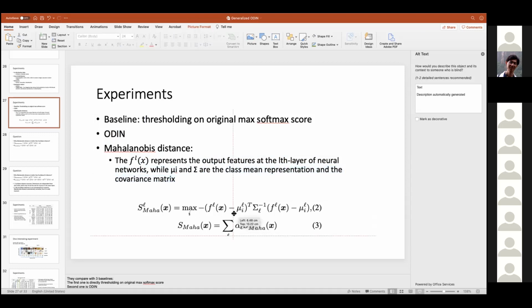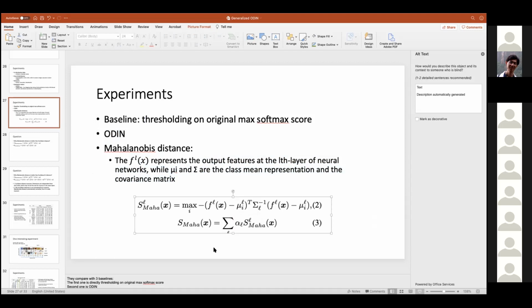And then we compute the distance. Is there a threshold there? Yeah. We use a threshold to distinguish out-of-distribution and in-distribution data. When the distance is high, we think the data may not come from the same distribution.